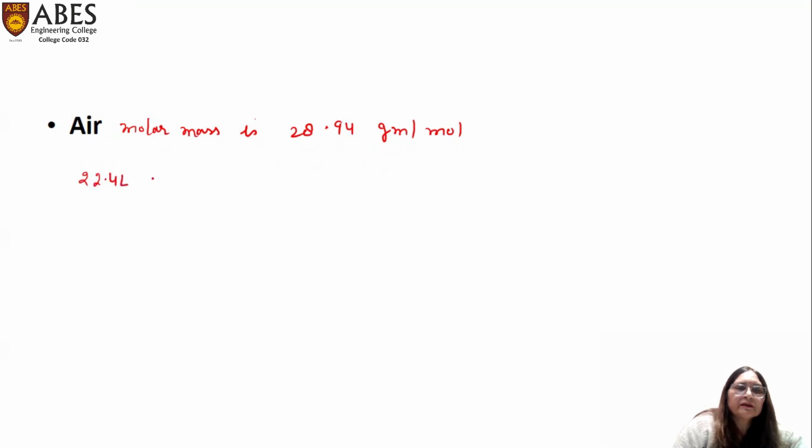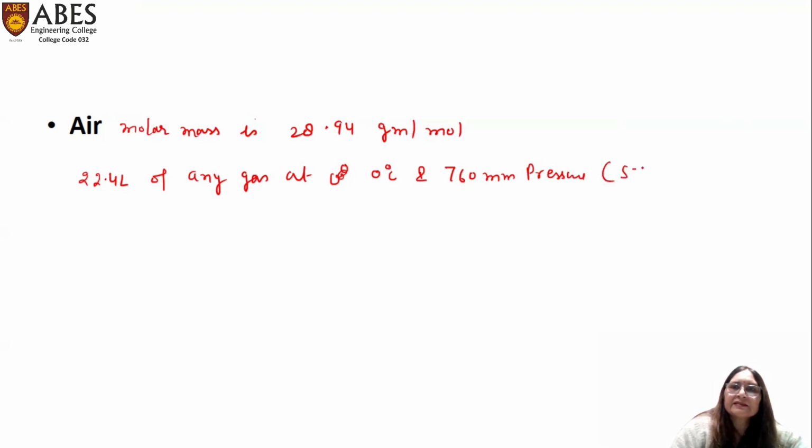22.4 liter of any gas at 0 degree centigrade and 760 mm pressure, that is called STP, or we can say NTP, has a mass equal to 1 mole.